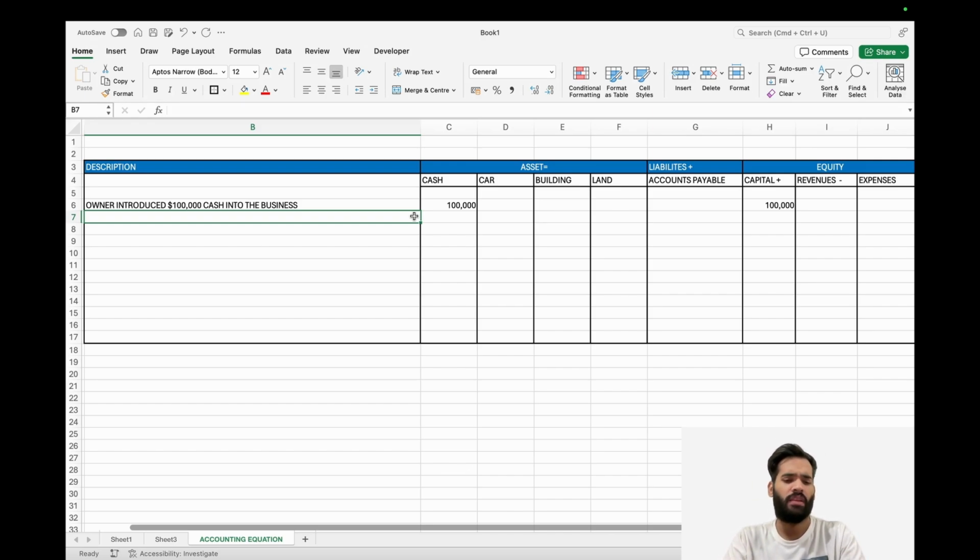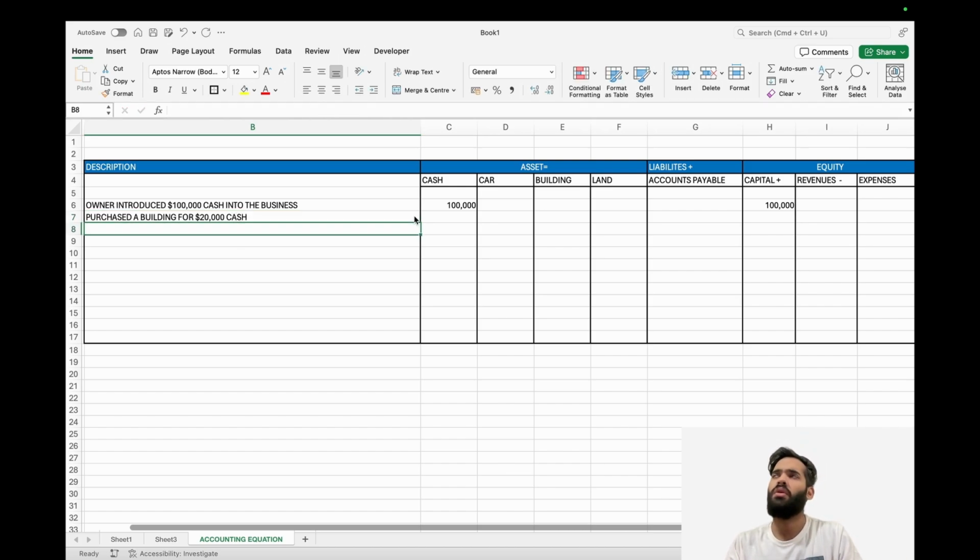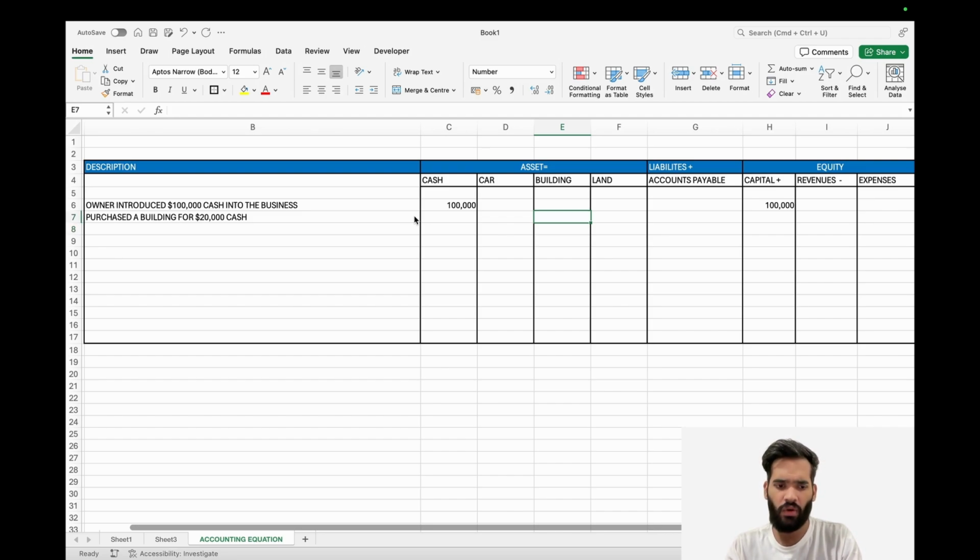Let's say after the owner put money into the business, it purchased a building for $20,000 cash. Now let's think about it. We are buying a building, so our building is going up, right? Because now I own that building, my assets are going up. However, another asset is going down, which is cash, since I'm paying cash.